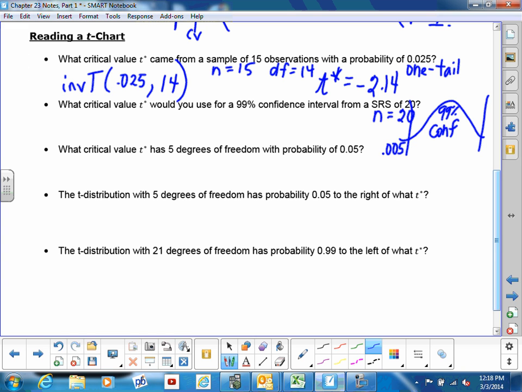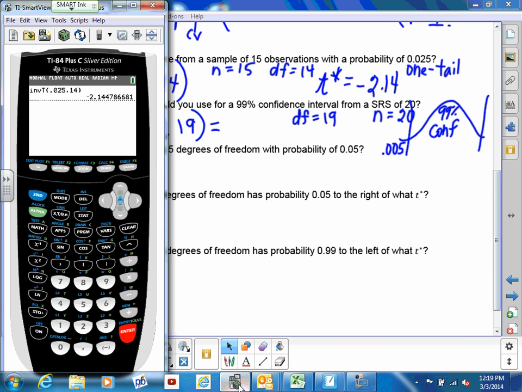So I'm going to go inverse t of 1 tail, comma, what will my degrees of freedom be for a sample size of 20? 19. Okay, so plug that in. I was just in the wrong place.